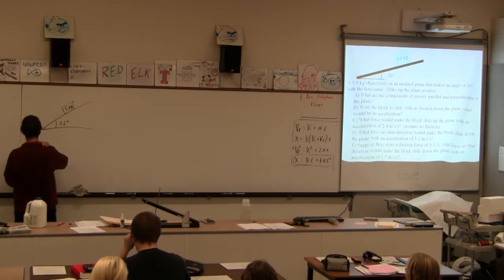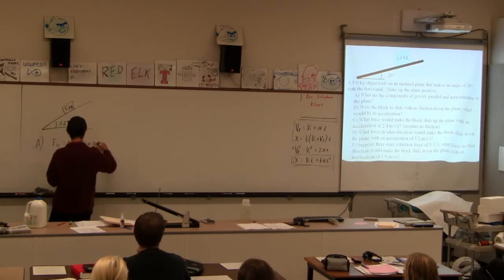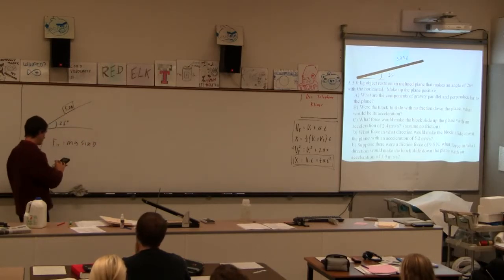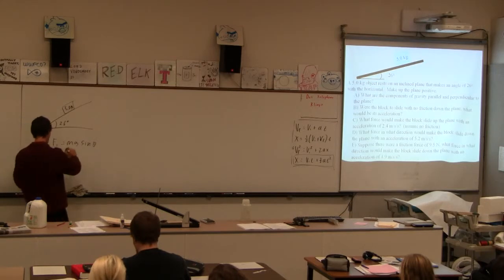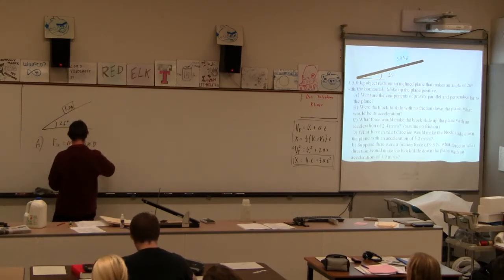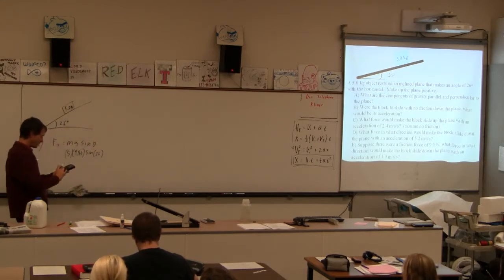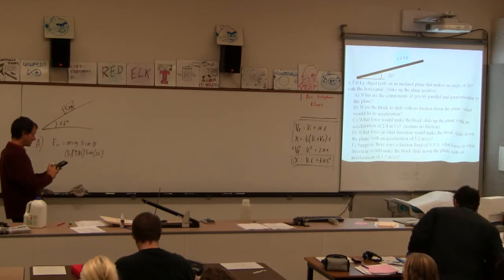So the force parallel is going to be mg sine theta, and mg sine theta is 5 times 9.81 times sine of 26. So 5 times 9.81 times sine of 26.